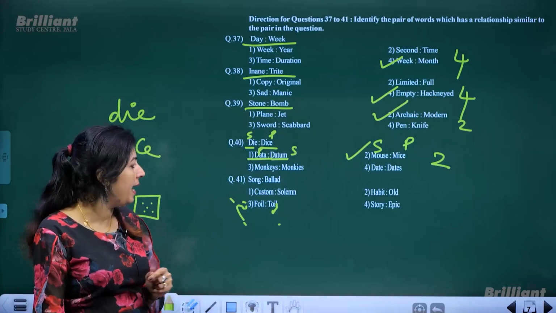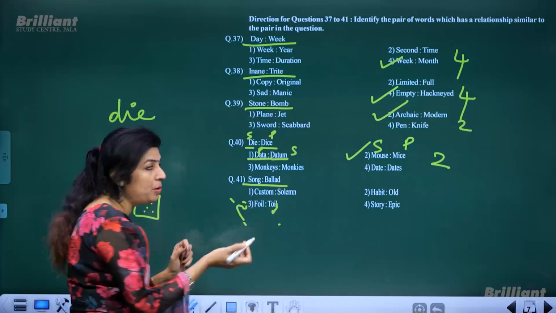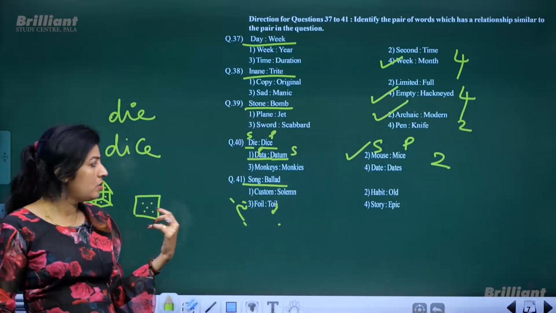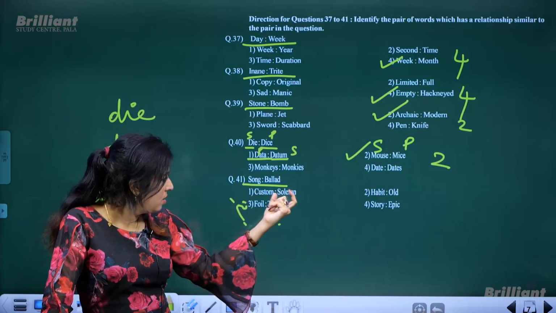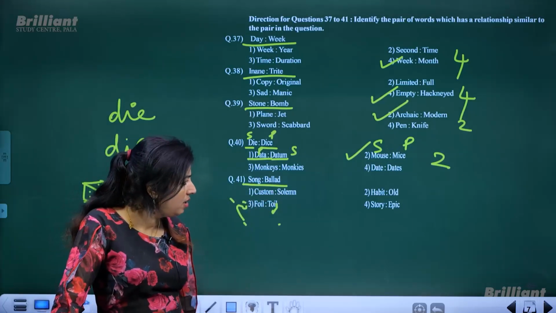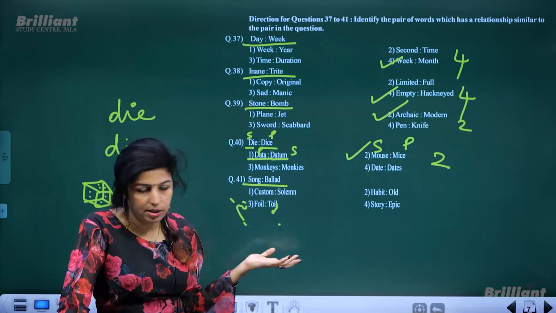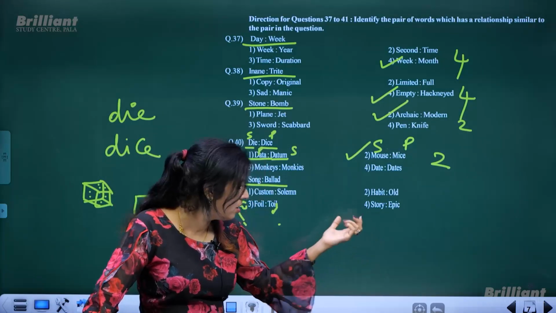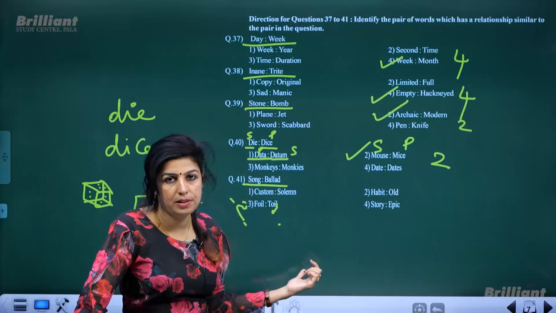Then song and ballad. Ballad actually is a kind of poem which has musical quality in it or song in it. Solemn and custom, no connection. Habit and old, no connection. Foil and toil, no connection at all. Then story and epic. Epic has story in it.